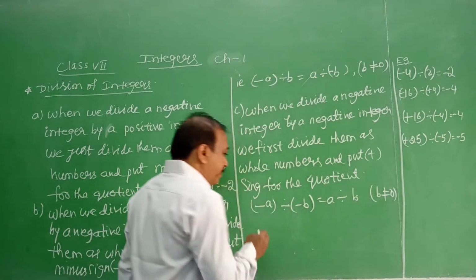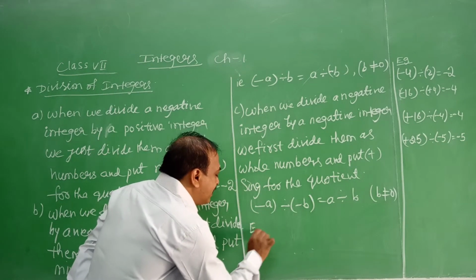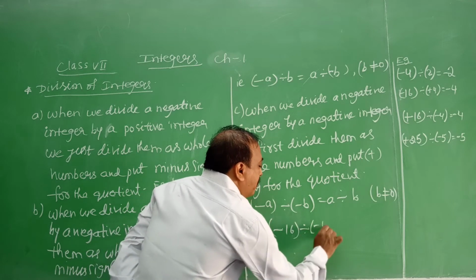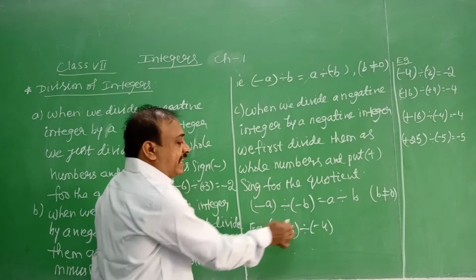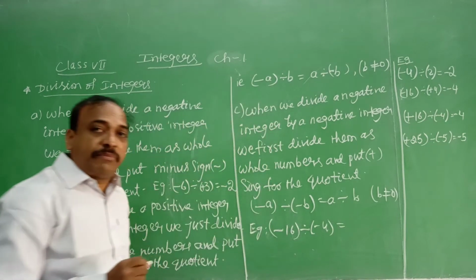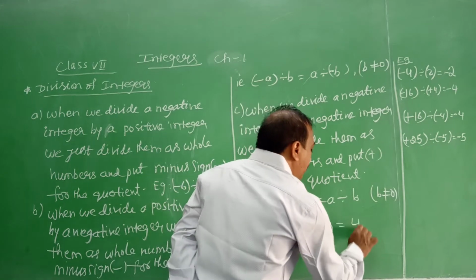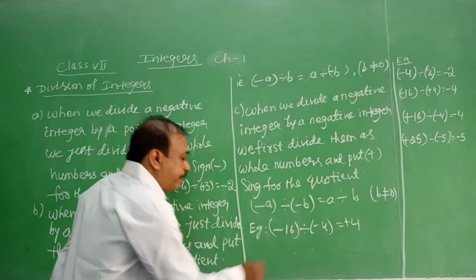For example, see here: minus 16 divided by minus 4. Both are negative integers. Divide them as whole numbers and put a plus sign. 16 divided by 4 is 4, with a plus sign for the quotient.